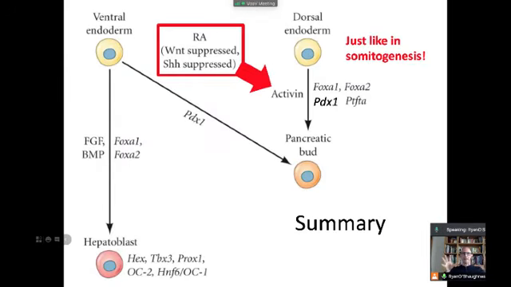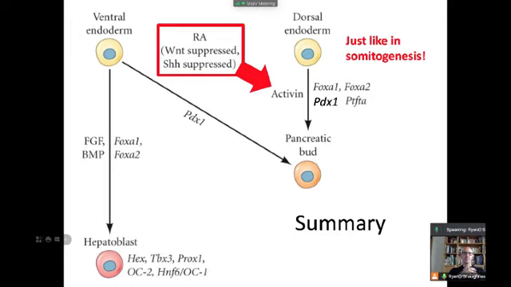So in summary, we have our ventral endoderm and our dorsal endoderm. In our ventral endoderm, expression of FGF and BMP in high levels in combination with those pioneer factors, FOXA1 and FOXA2, drive the ventral endoderm to adopt a hepatoblast, so a liver type state.